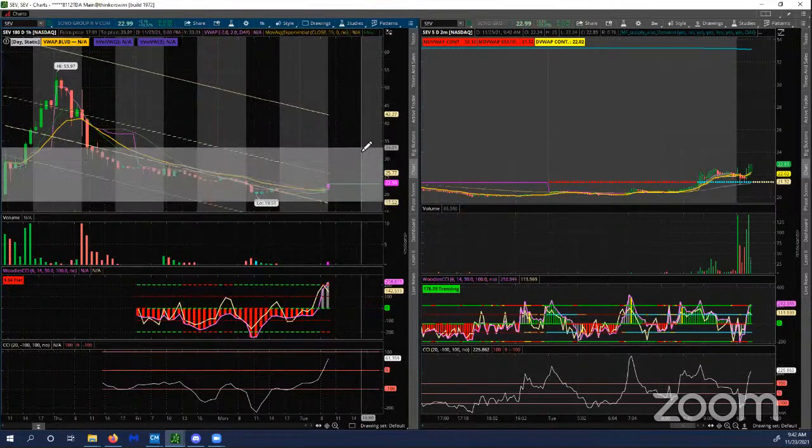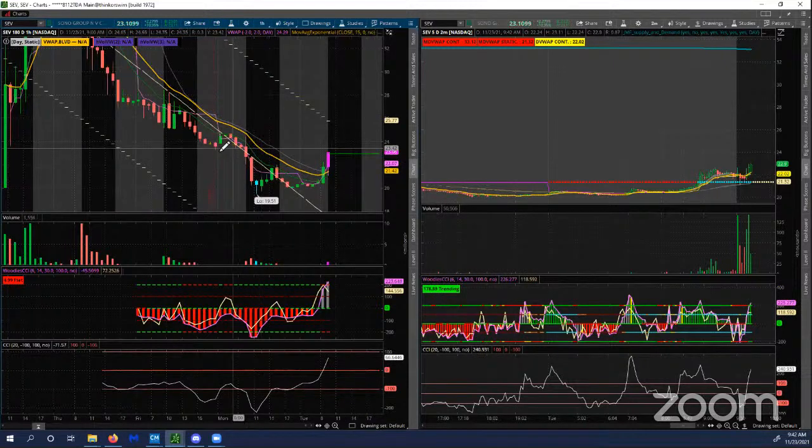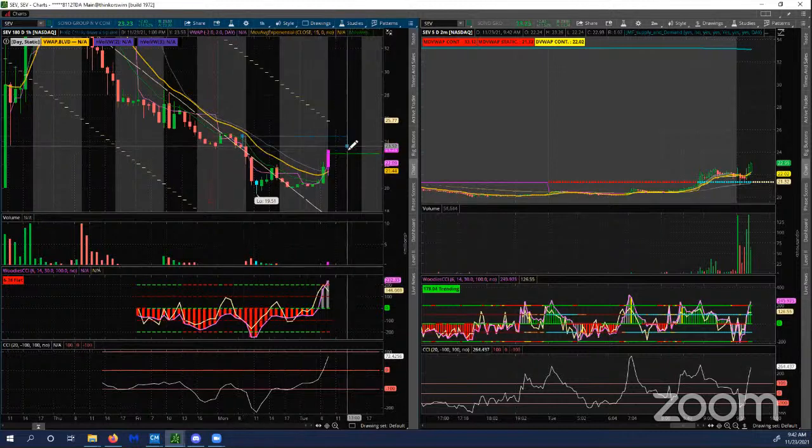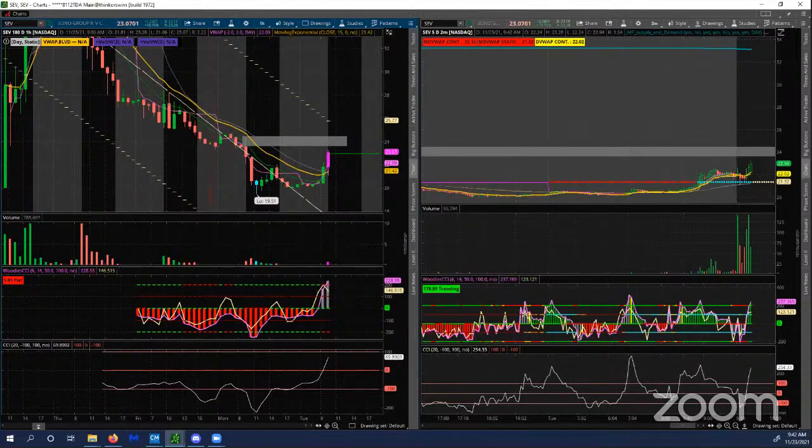You said something about SEV. Yeah, that was a nice little pullback, waiting for a hammer above 612. I don't have any structure above that.